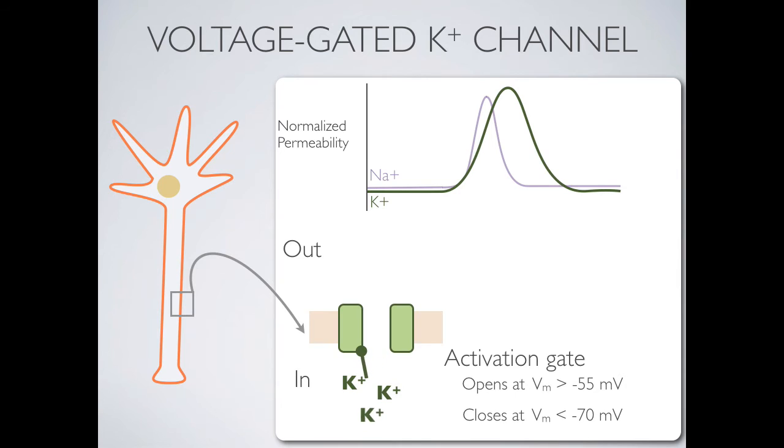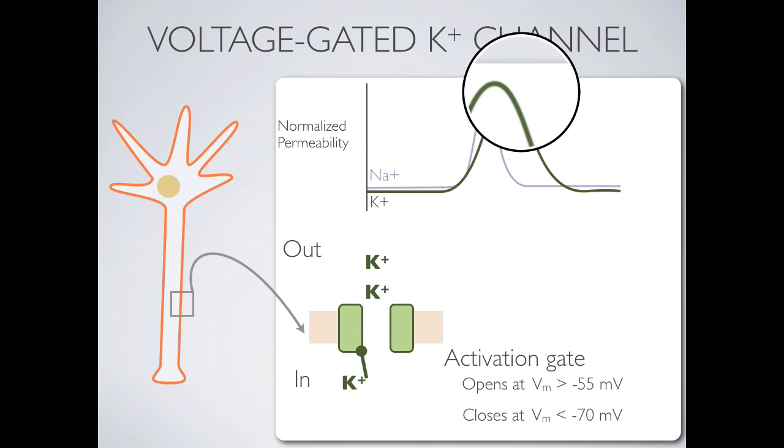So we have a little cartoon for that. It opens up, potassium rushes out. That's going to be driving the repolarization. And then once the membrane is back to approximately its resting membrane potential, it's going to shut down, and we see that there's going to be a decline in permeability right here.